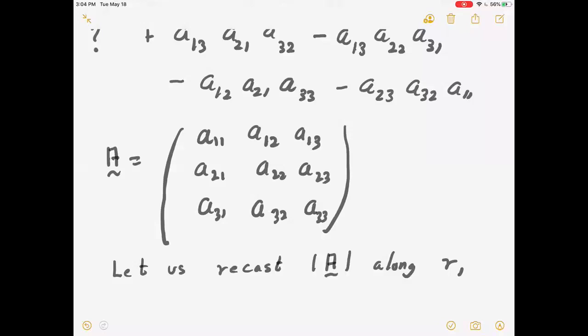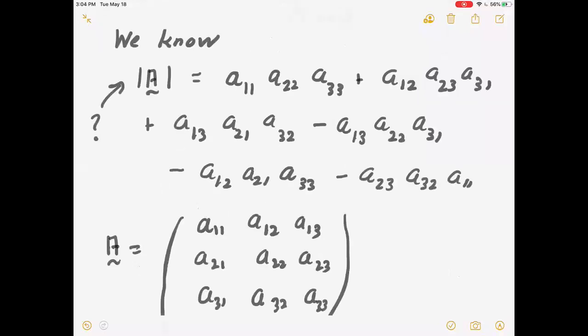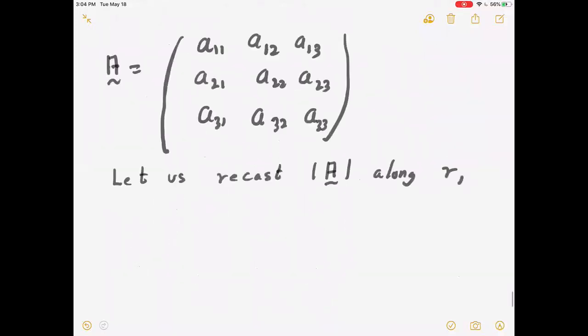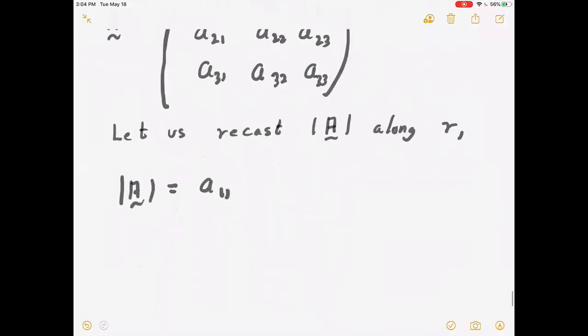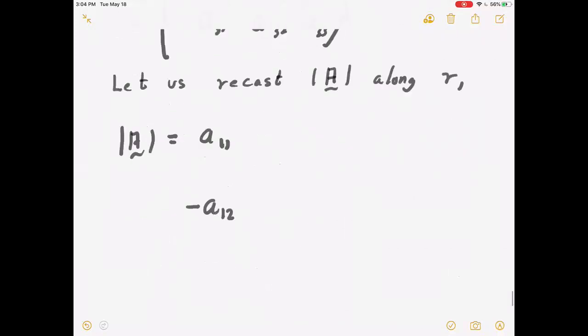So I'm going to take this original expression here, 3 stars, and rewrite it. I'm going to factor out A11. I'm going to factor out, for reasons we'll see in a minute, not just a sub 1 2, but a minus a sub 1 2. And then I'm going to factor out an a sub 1 3. So this is just algebra.